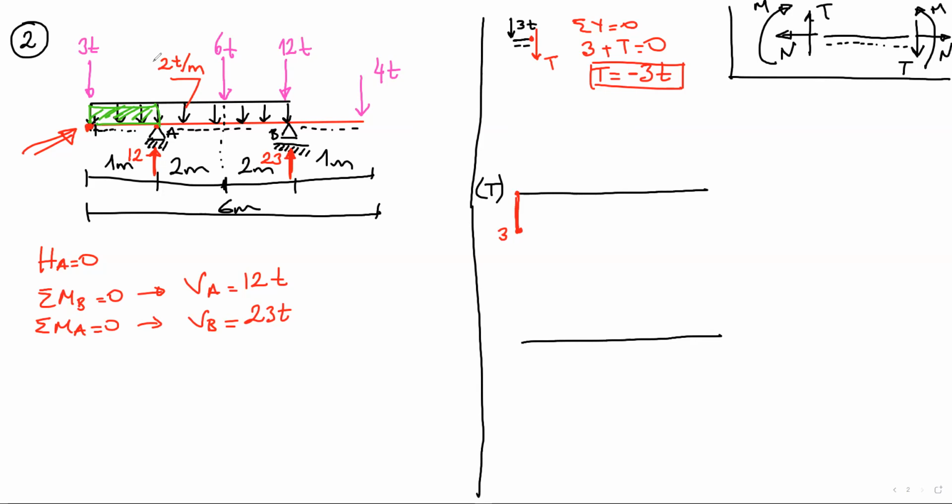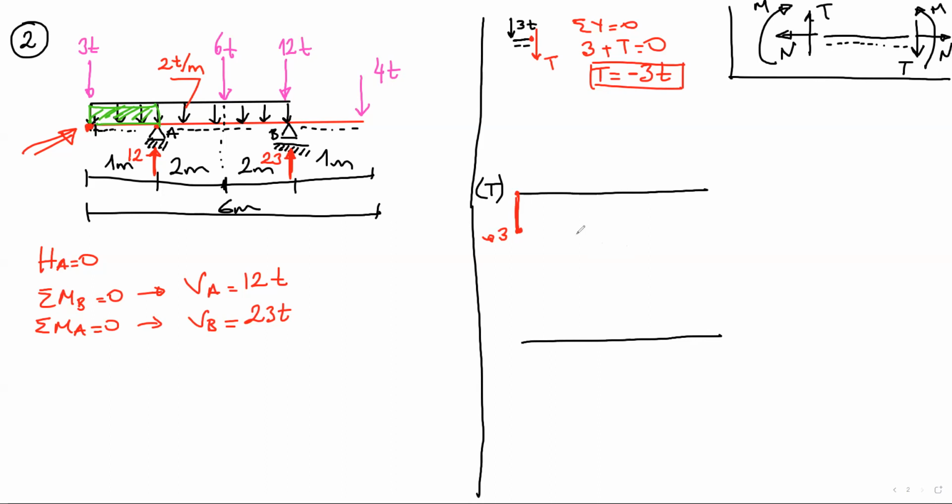Which gives us the total external loading here, which is 2. Minus 3. Remember, this is minus. Our shear force is in the negative direction at the bottom side. Minus 2.